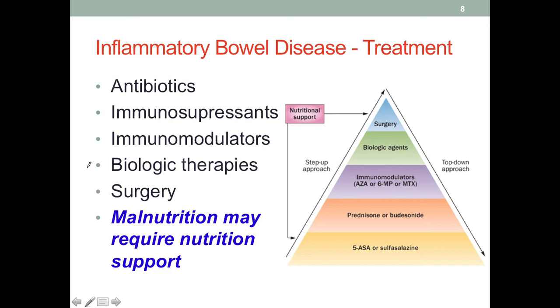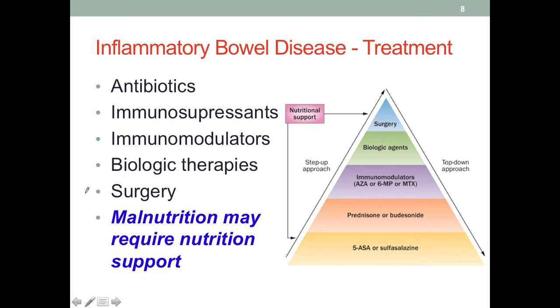Biologic therapies are medications made from antibodies grown in a lab, and they stop certain proteins in the body from causing inflammation. This is a more targeted approach than some of the other medications. And there is also surgery.